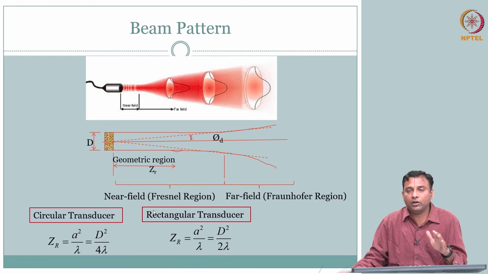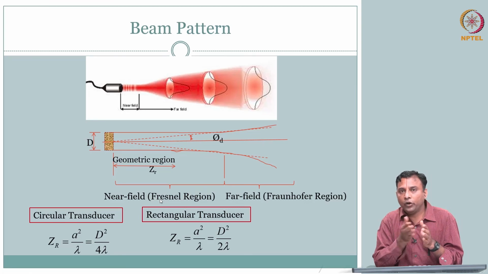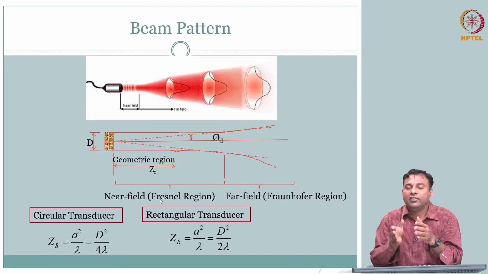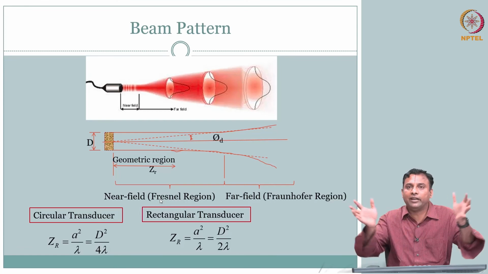The chapter on instrumentation, we started with the instrumentation, but this is probably a point where we understood the transducer is going to create this wave, but when it comes out, it is not going to be a nice, well-behaved wave going only along the depth. It is going to spread out.